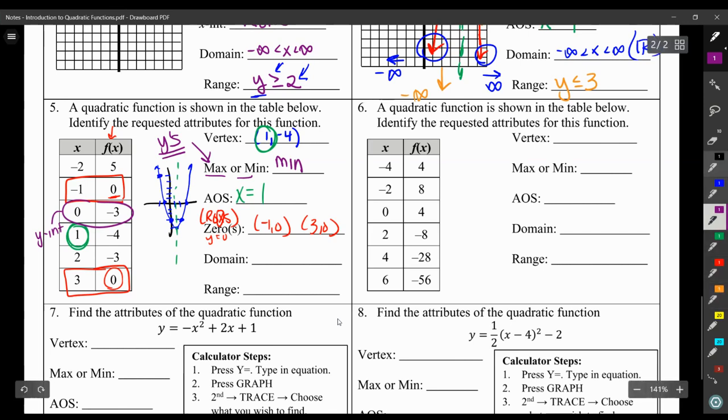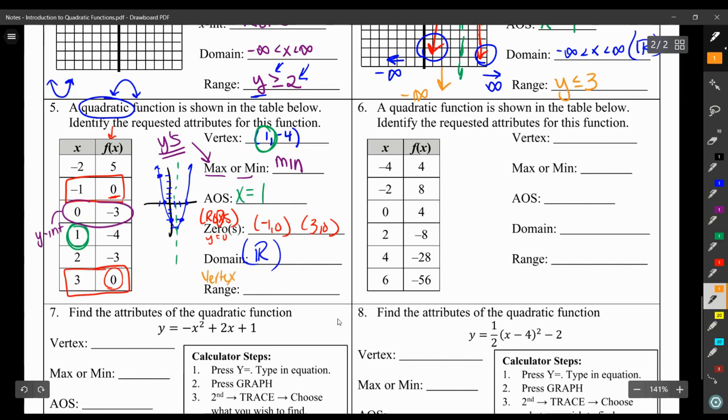Now let's talk domain and range. When it tells you that it's a quadratic function, remember that it can either be facing up or facing down, and the arrows have to be on the ends. So no matter which quadratic function you have, the domain is always all real numbers because it always goes to the left and the right on our graph. Now the range depends on your vertex.